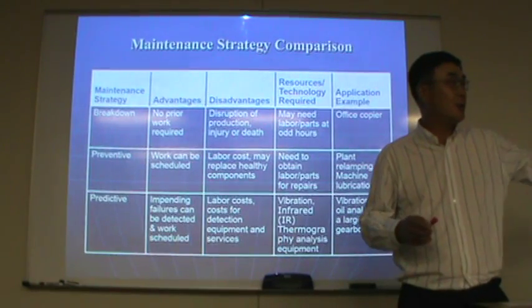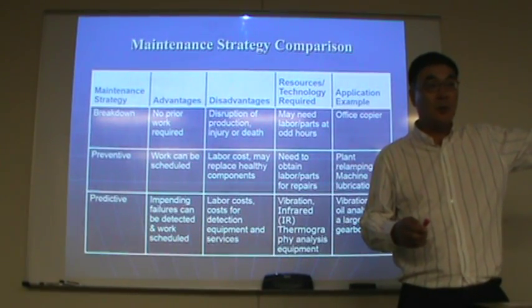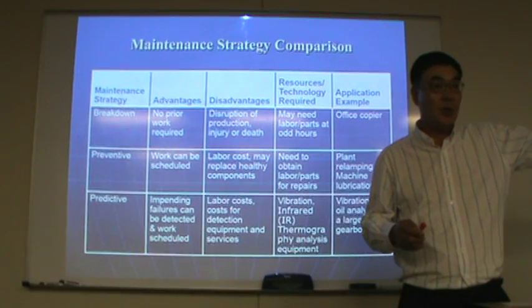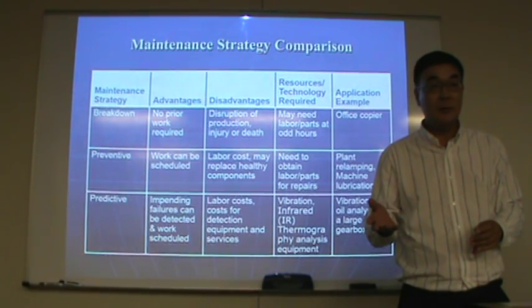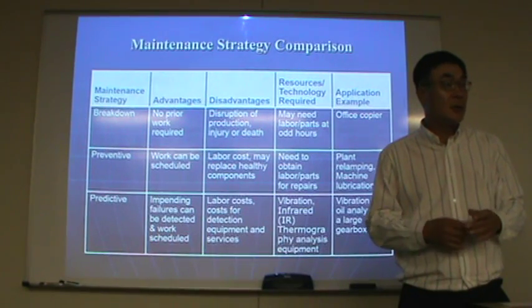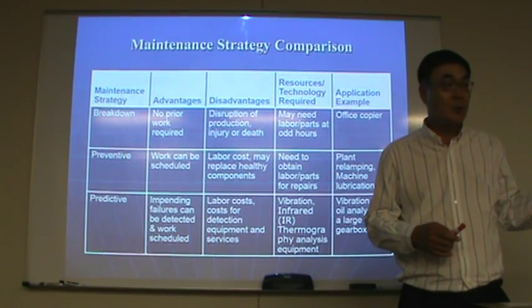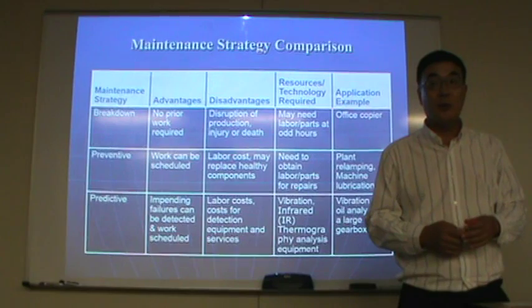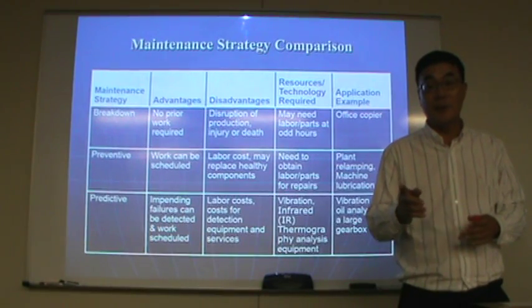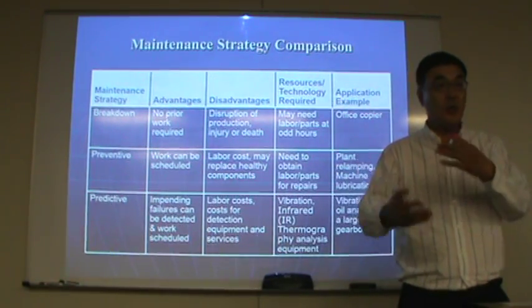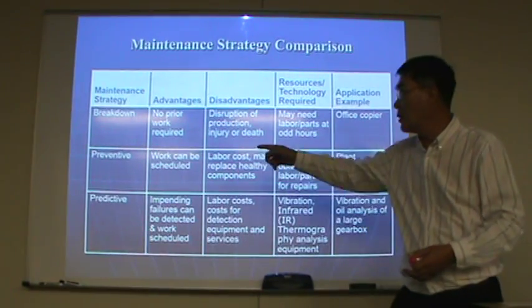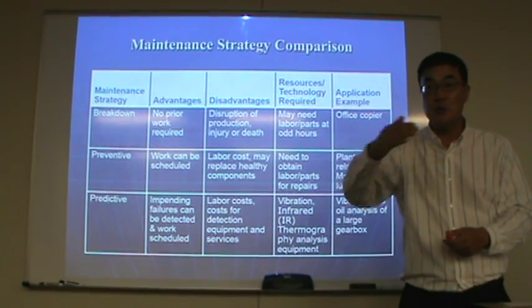If you go to a local oil change shop, they recommend 3,000 miles. I go to the dealer, then the dealer recommends 7,500 miles. I don't know why it's different. Anyway, every 3,000 or 5,000 miles, change oil. That is preventive. Scheduled, right?